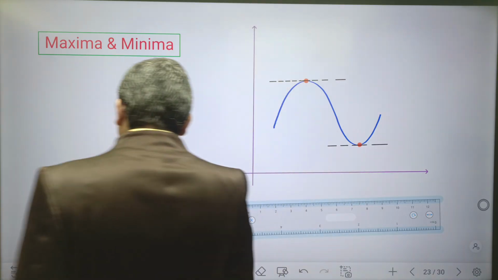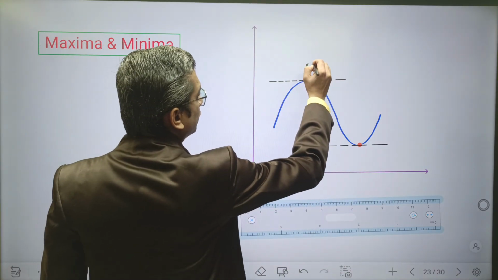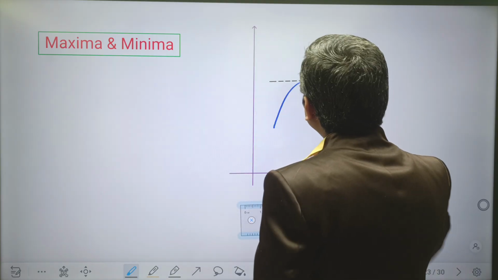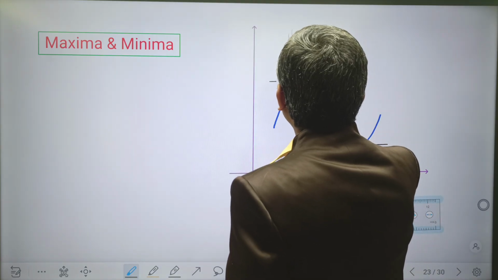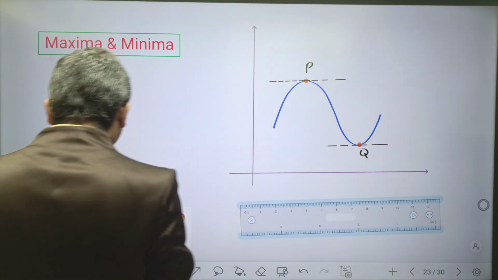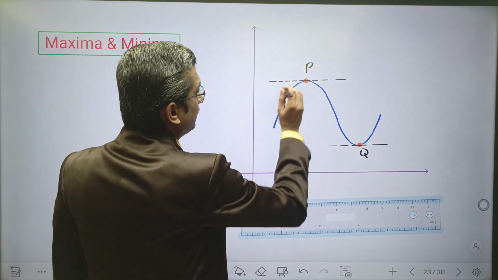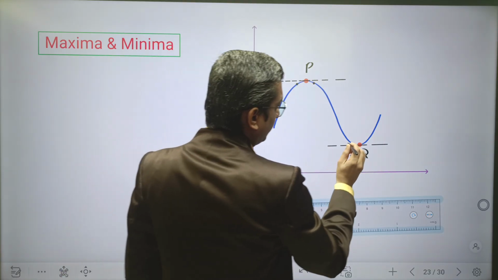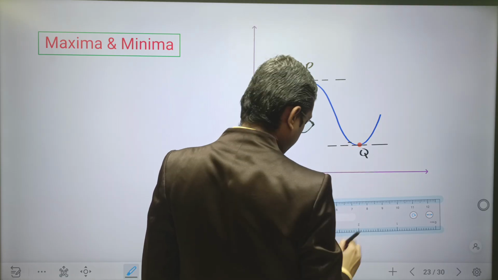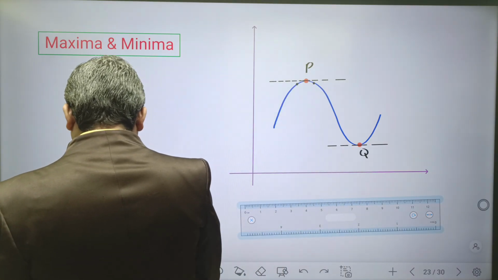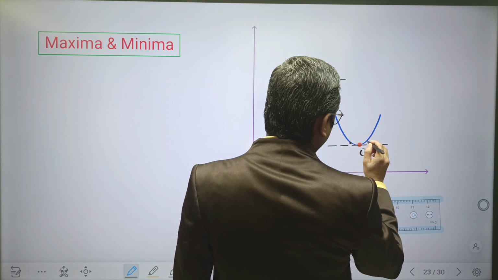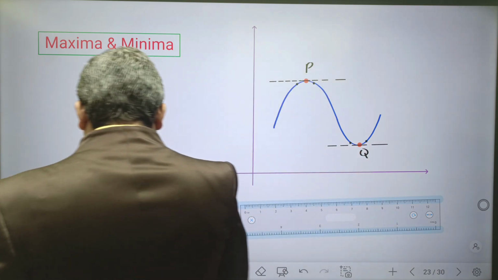Let us suppose this point is P and this point is Q. So we take 2 points just before this. Suppose here we are taking point A and here we are taking point B. Here we are taking point R and here we are taking point S, isn't it?